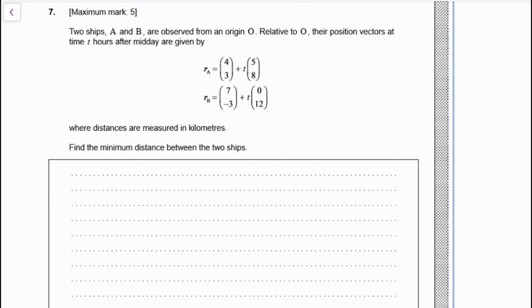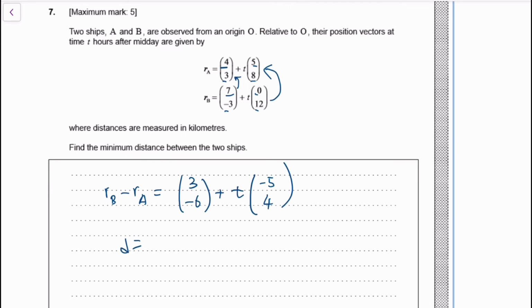Well, since we have a GDC, we can do brute force. The brute force method. The distance is basically the difference, right? So we do this minus this. So 7 minus 4 is 3, and then minus 3 is minus 6, plus t, this one minus this one, 0 minus 5 is minus 5, and that 4. Okay, so the distance is basically the magnitude of this vector.